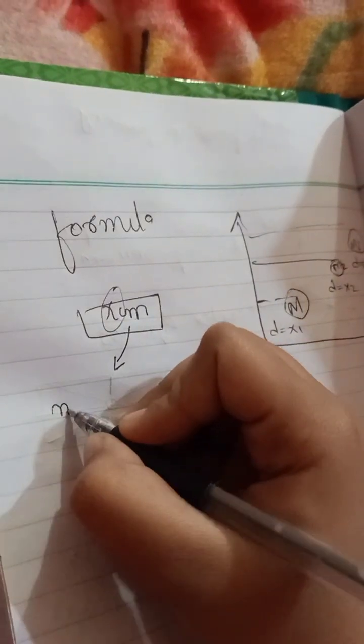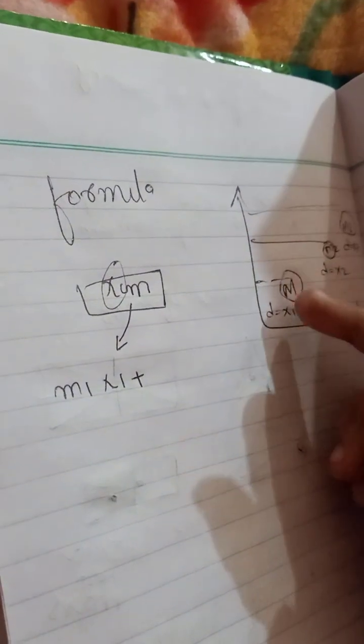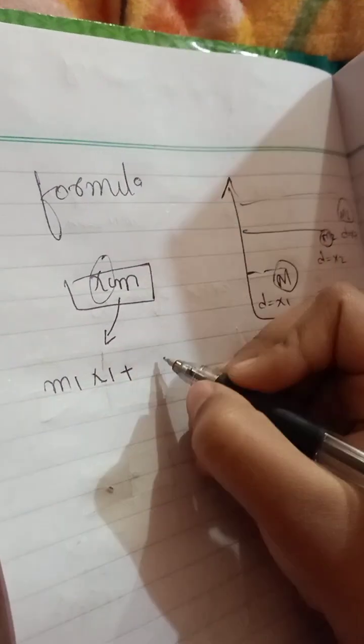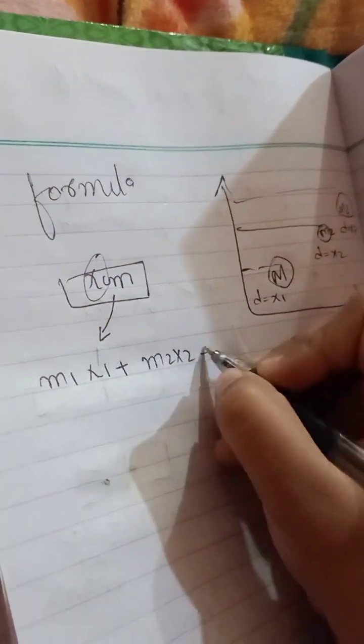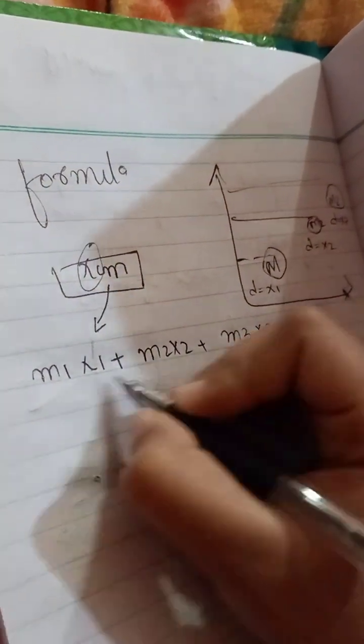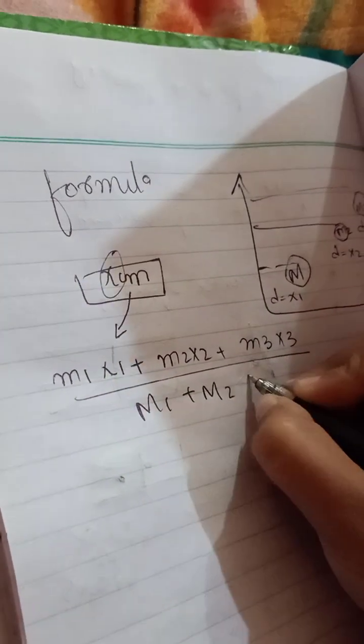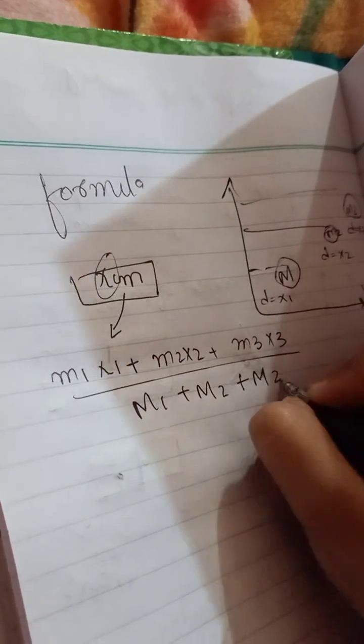So here I can write m1x1 plus m2x2 plus m3x3, divided by the masses m1 plus m2 plus m3.